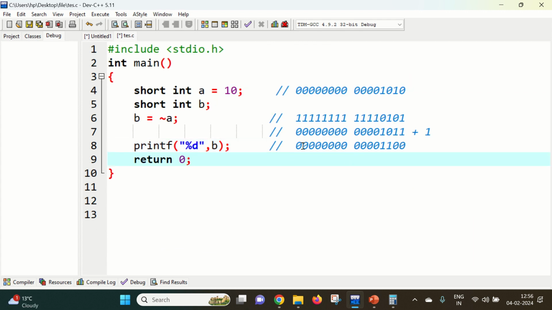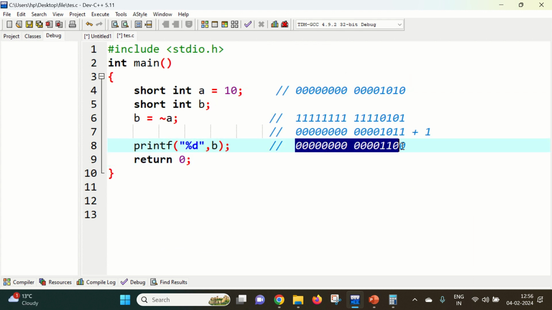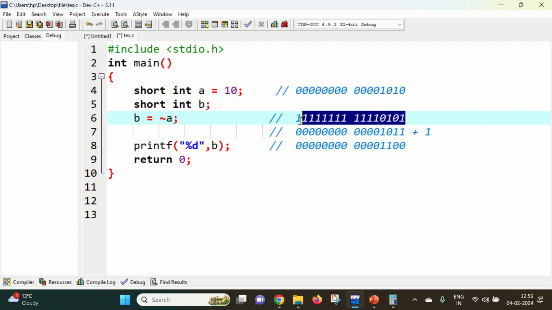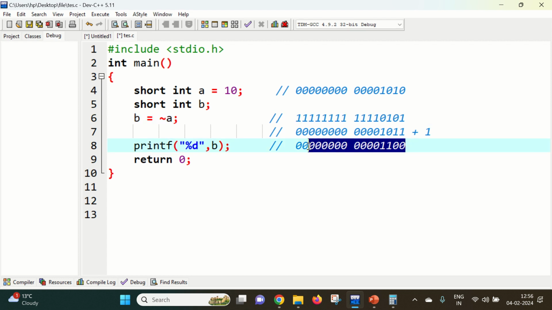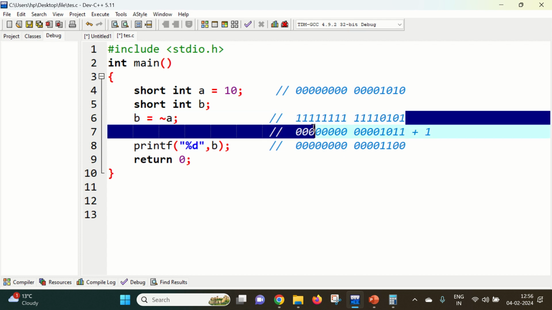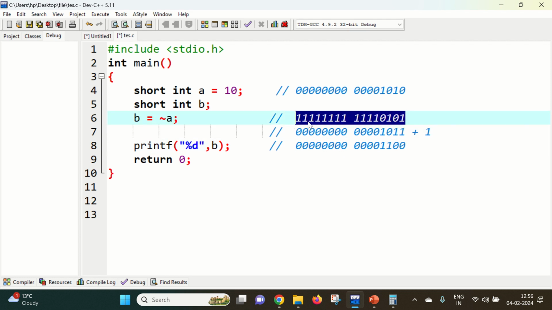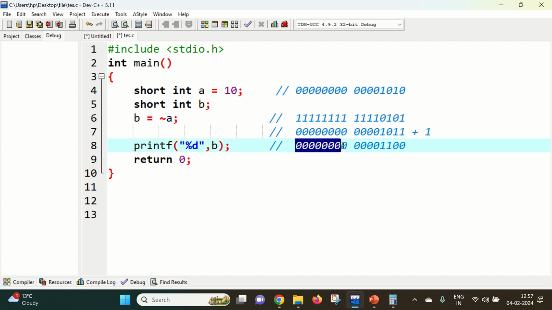So this number is actually plus 12. The 2's complement of this number is this one, and this is your answer.